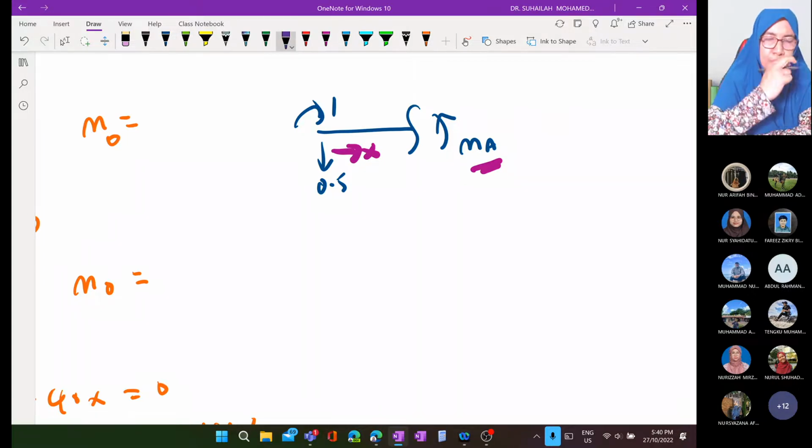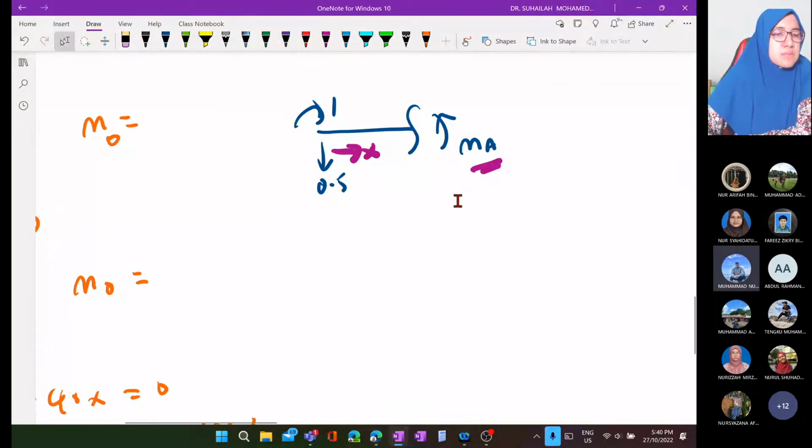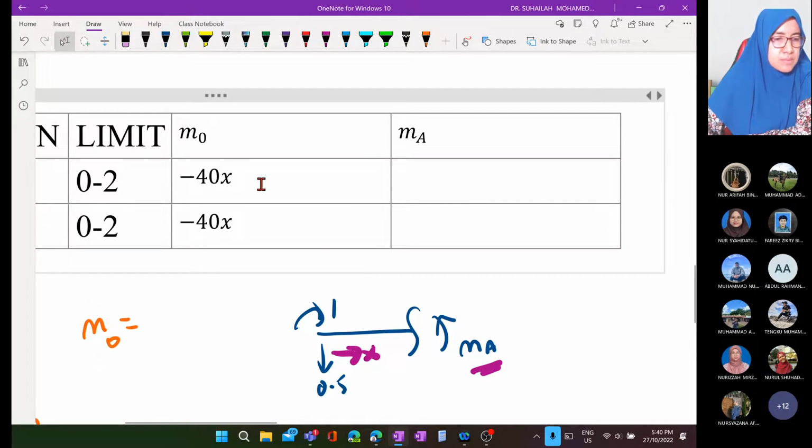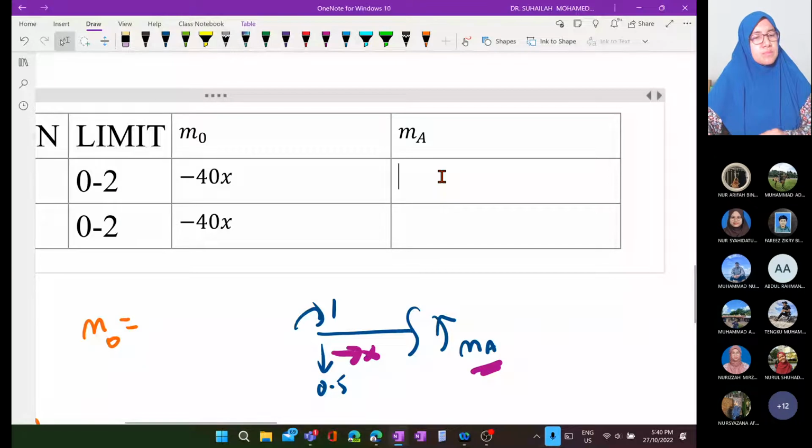Negative 0.5x. Is the constant positive 1 or negative 1? Positive 1. It is 1 minus 0.5x.